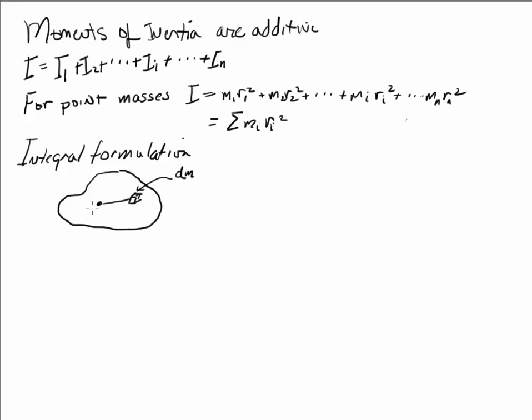Now, we also have the distance from the axis r, where the dot is the axis of rotation. So I can write that the contribution to the moment of inertia, dI, is equal to the element dm times r squared, where r is the distance from the axis of rotation.